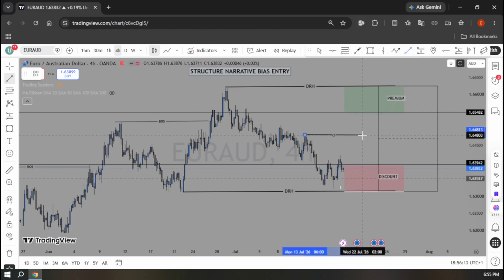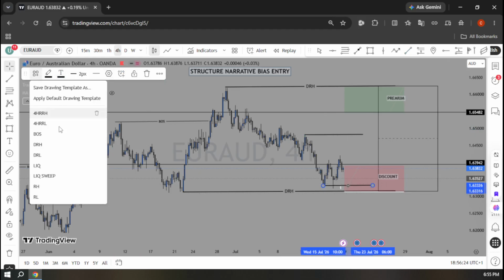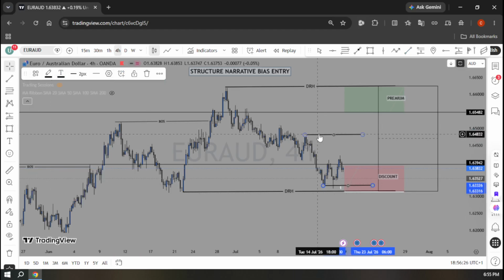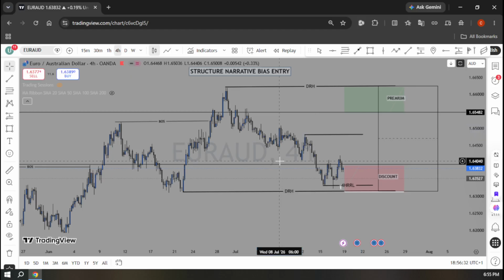My first targets on this particular trade setup, I'm still anticipating it. It's from this high to this low. So I'll call this my 4-hour trading low, and this is my 4-hour range high. This to this is my trading range.